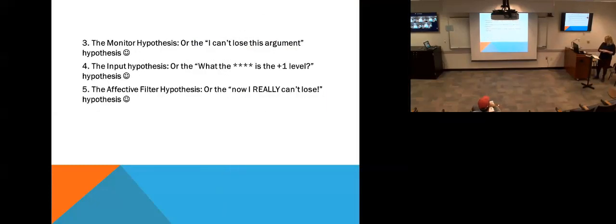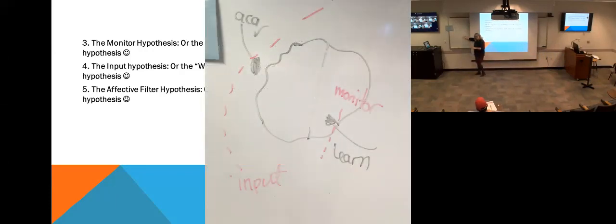So this brings us to the monitor hypothesis, which I call the I-can't-lose-this-argument hypothesis, because what the monitor says is anything that is learned and not acquired is subject to what he calls the monitor. That thing that you've got in your book, on page 130.